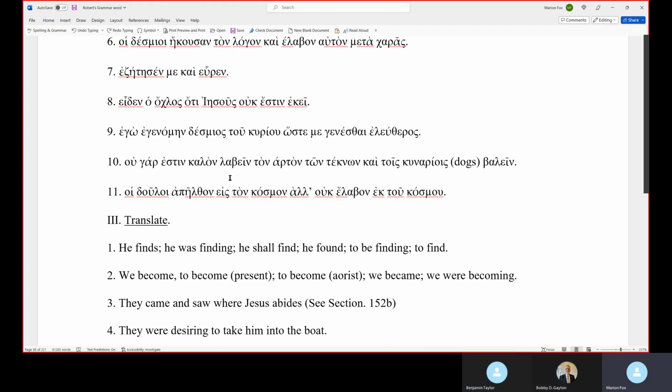It's not pleasing. See, he's not talking about morally good. It's just not a thing that you normally do. It's not pleasant to look at, to give the children's bread even to the dogs, to throw it to the dogs.